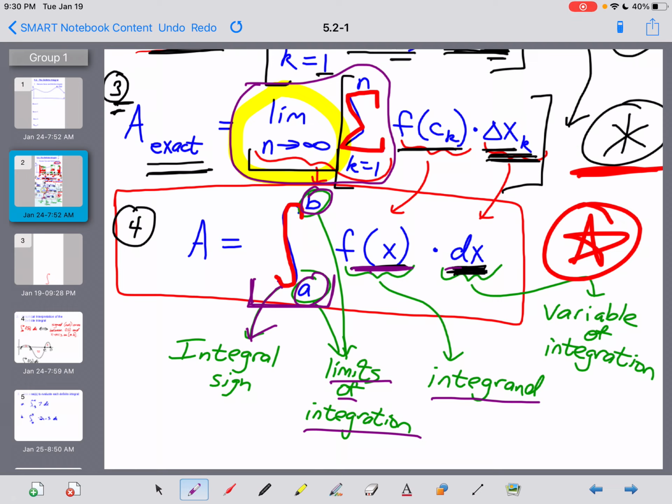And then this dx at the very end, which frankly, most of you probably think right now can be ignored, is incredibly important conceptually right now. It becomes important practically later on. That one is called the variable of integration. And I do just want to make one little note right here.